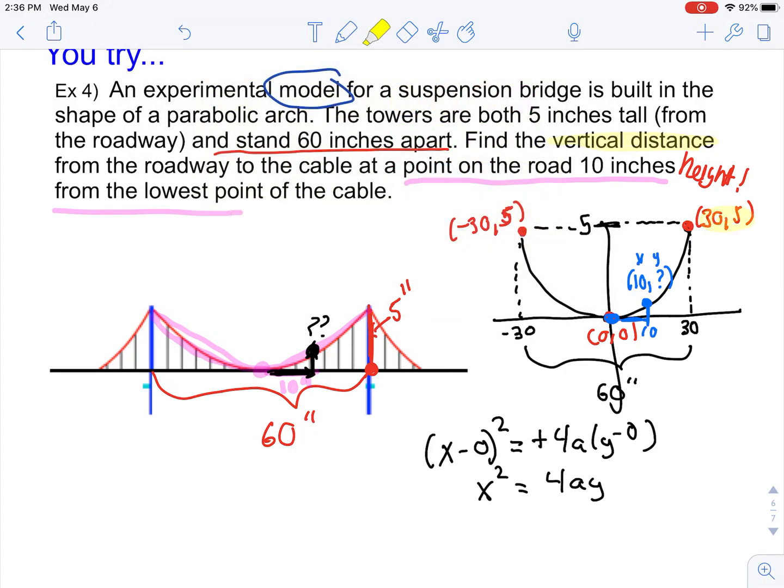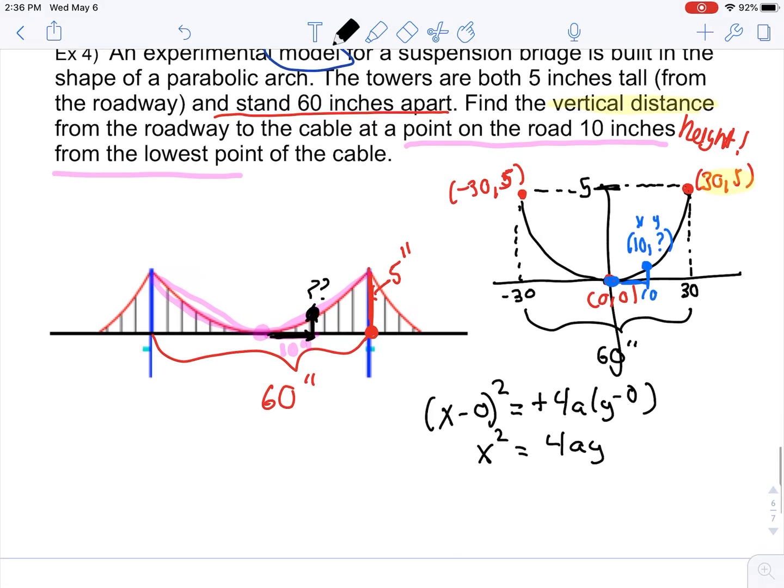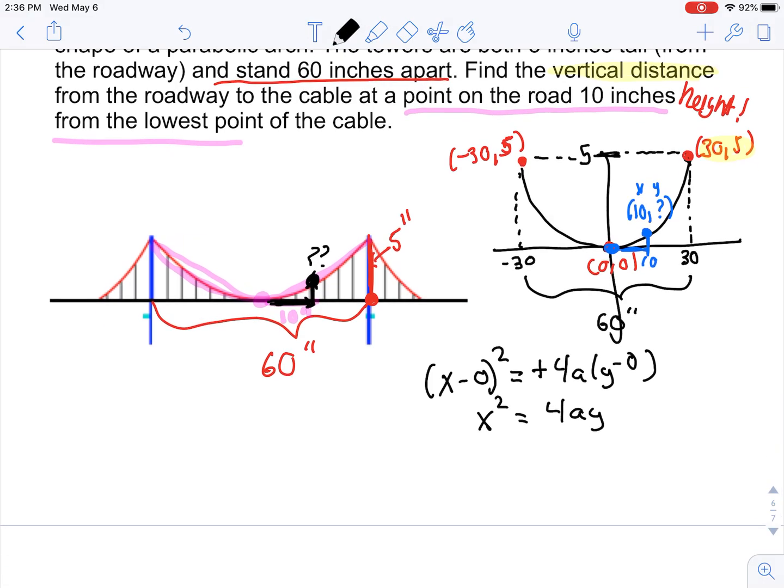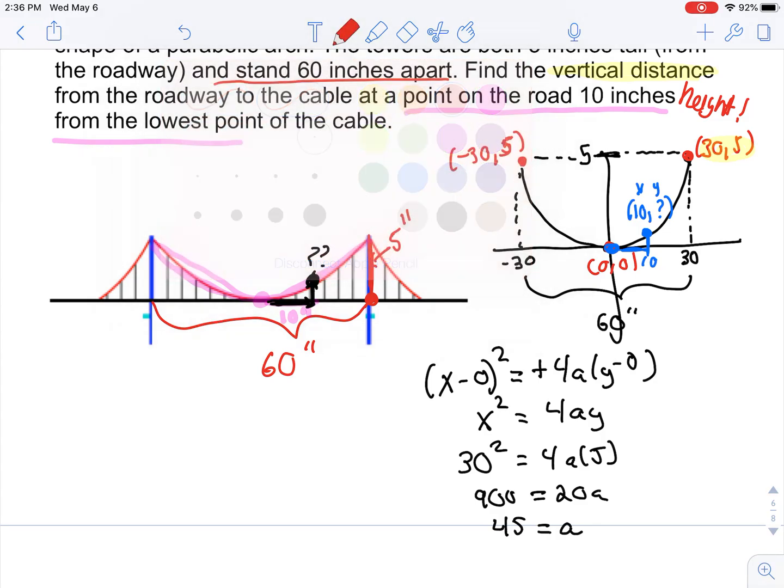Like we did before, plug in one of our points, not the vertex, since we've already used that one. So we'll plug in the point 30 comma 5, which means our x is 30 and our y is 5. 900 equals 20a. And if I divide 900 by 20, I'm going to get 45. So I have an a value of 45.